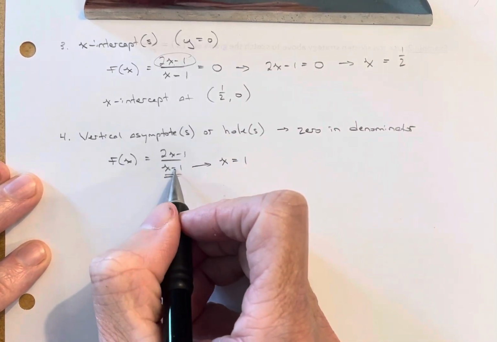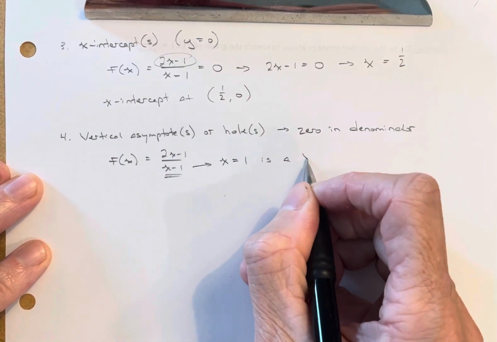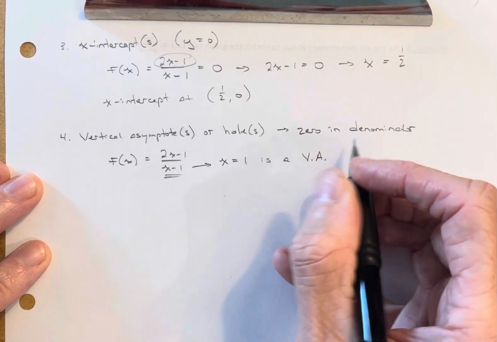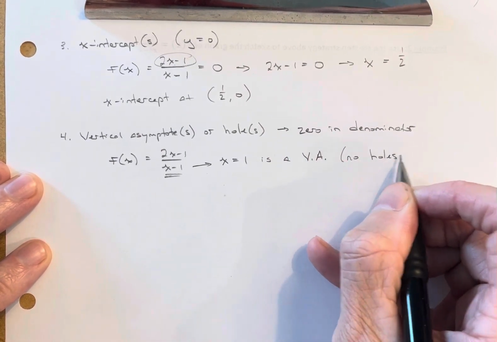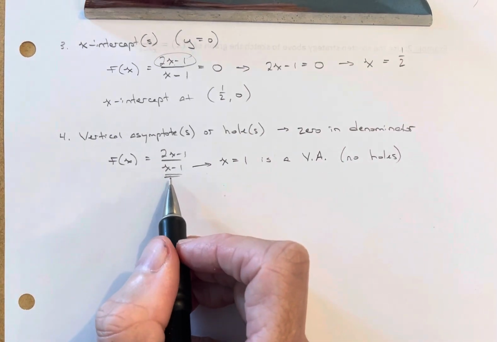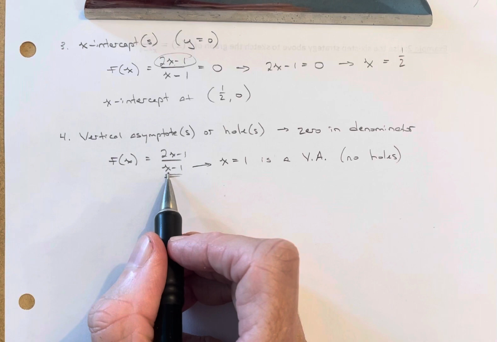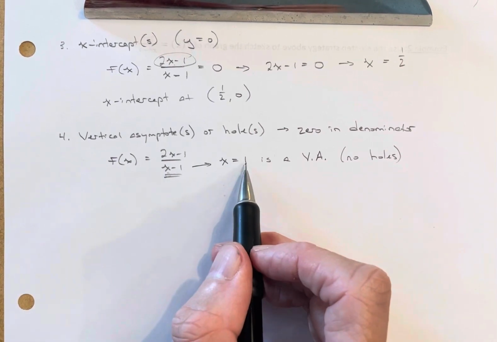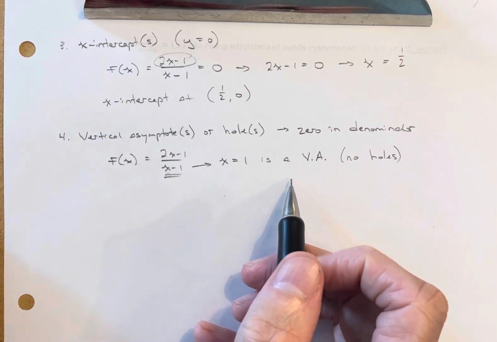This is simplified, no common factors, so it is a vertical asymptote. I have no holes. I only have one number that cannot be part of the domain. The number 1 is not in the domain, and in this case, 1 is a vertical asymptote. It is not a hole.